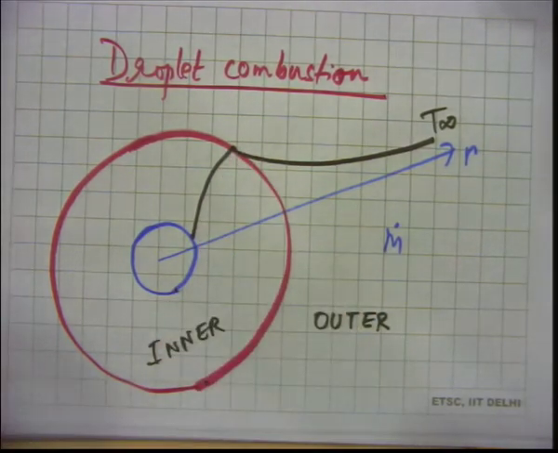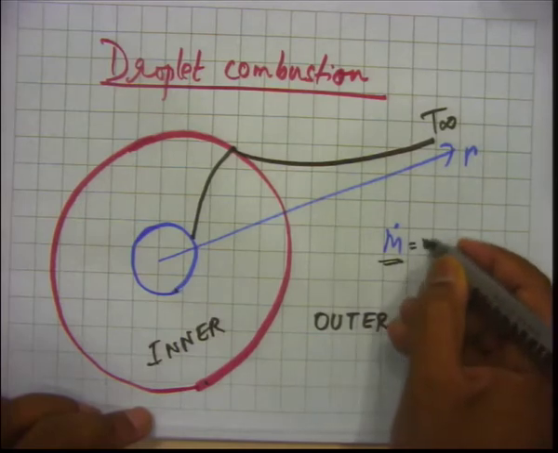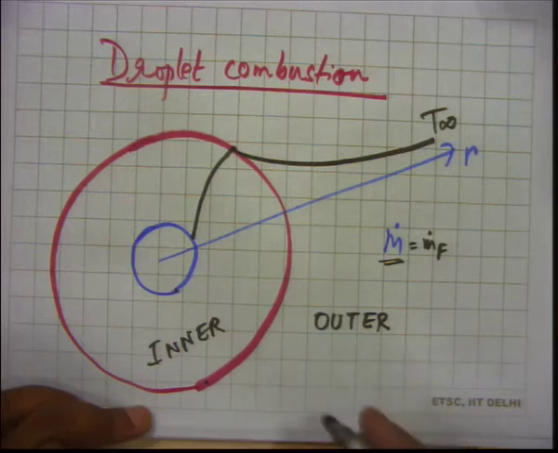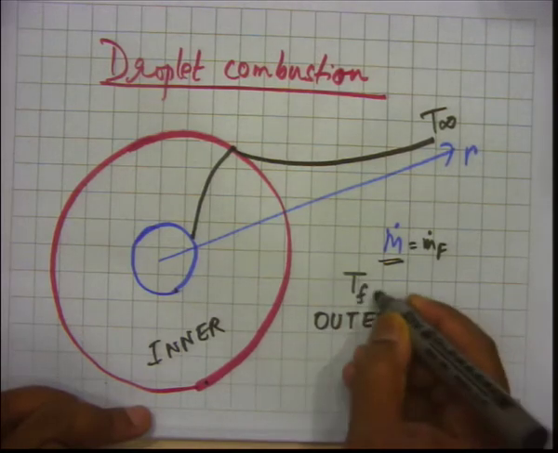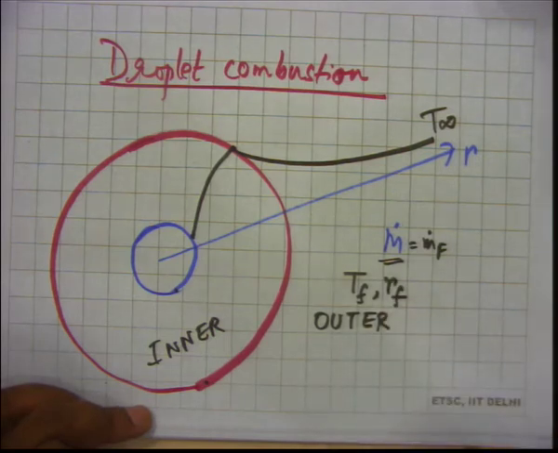Okay, so it's going to be more involved. So we'll be interested in m dot definitely. m dot is same as that m dot f, but to get this, we will be forced to get the flame temperature. We will be forced to get the radius of the flame. Okay, we'll be forced to, isn't it?